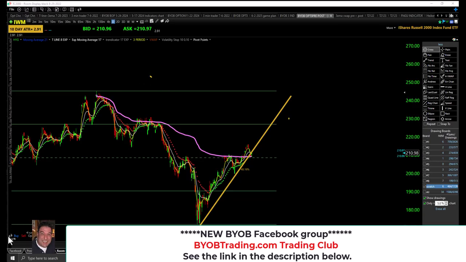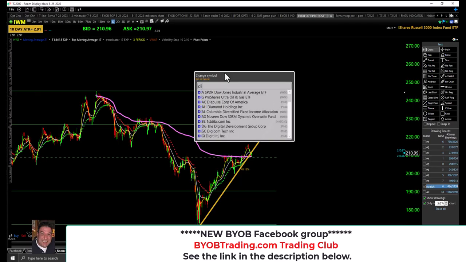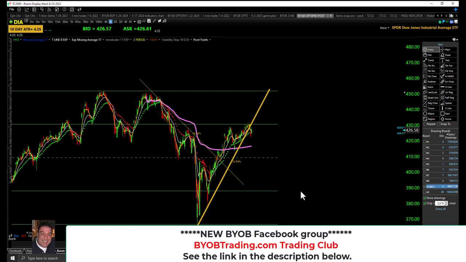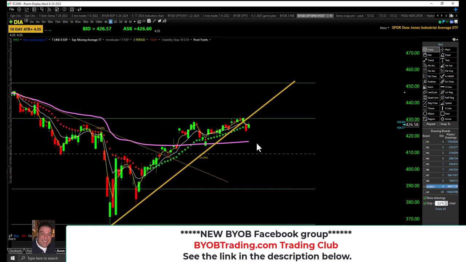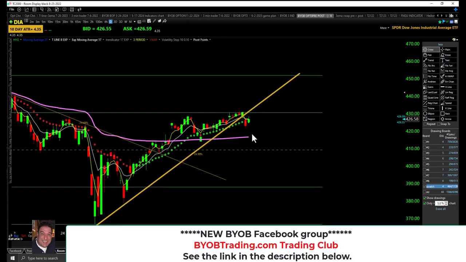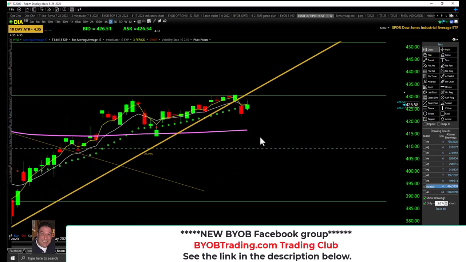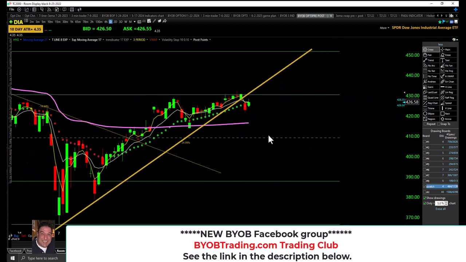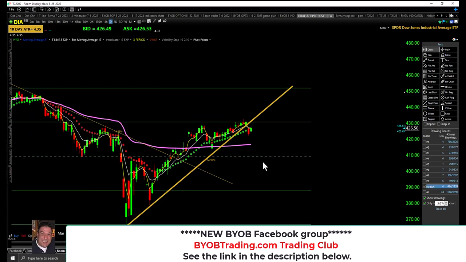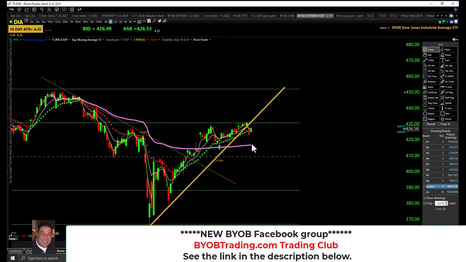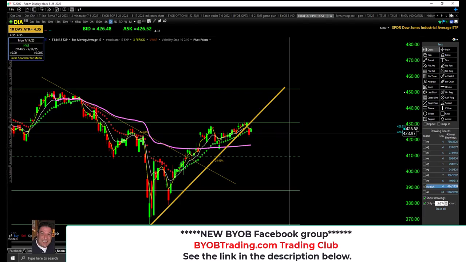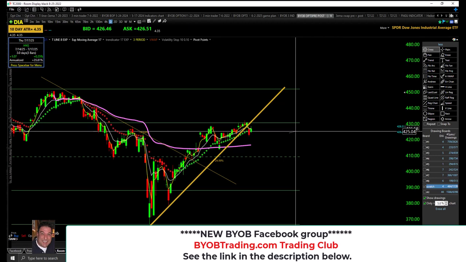There's IWM. Let's take a look at Diamond Dow. All right, Diamond Dow is a higher low and a higher high, closing inside a bearish trap, that's neutral, closing over the 17 EMA, that's bullish, closing under the uptrend line, that's neutral, closing over the downtrend line, that's bullish, closing over the all-time high anchored VWAP, that's bullish, closing in the upper third, that's bullish.